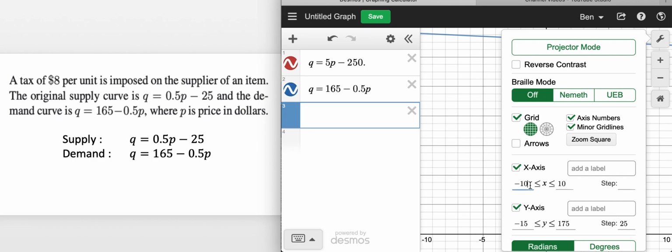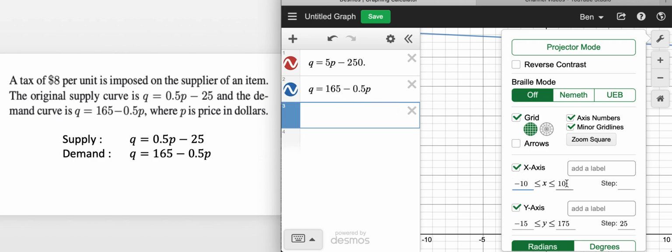For the other axis, if we consider this, it's going to drop about half of a unit for every dollar. And so how many dollars will it take to drop to 0 from 165? That's about twice 165, around 330.